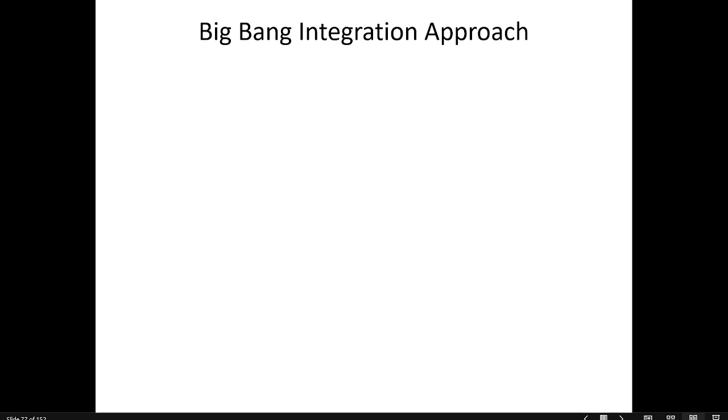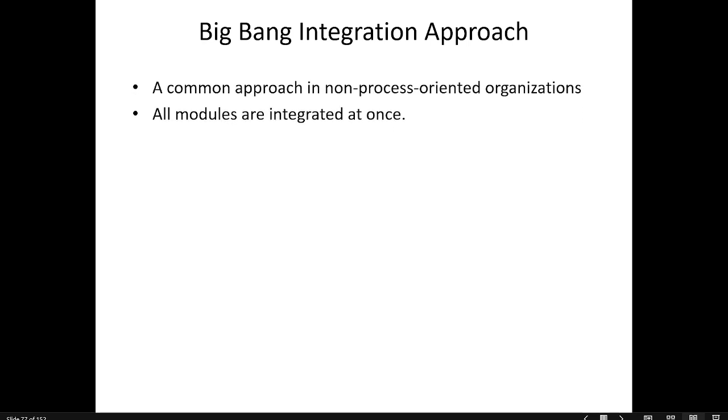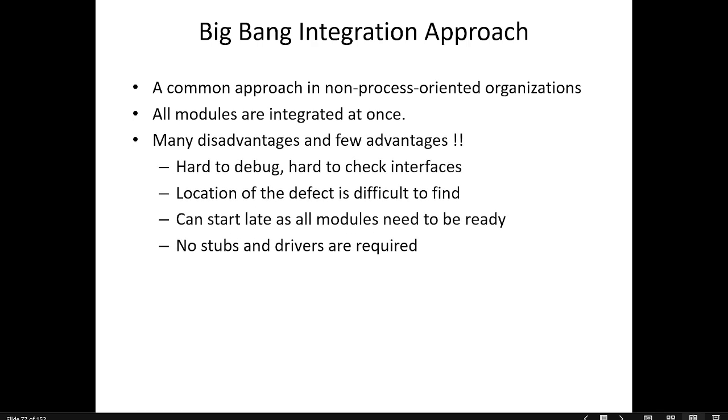Now, the last one: Big Bang integration. A common approach in non-process oriented organizations, all the modules are integrated at once. So everything is integrated once and tested. Just imagine what can be the problems. Few advantages and many disadvantages: hard to debug, hard to check interfaces, definitely, because we will never come to know because of which module the interface is getting in trouble.